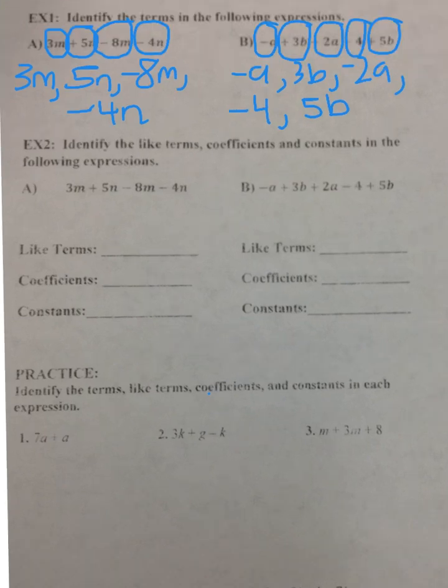Example 2. Identify the like terms, coefficients, and constants in the following expressions. First thing you want to do is go to your expression and circle each term with its sign. So this one has a 3m, positive 5n, a negative 8m, and a negative 4n. After I've done that, it makes it easier to see all of my terms. The first thing I want to do is identify the like terms. The like terms have the same variable part.